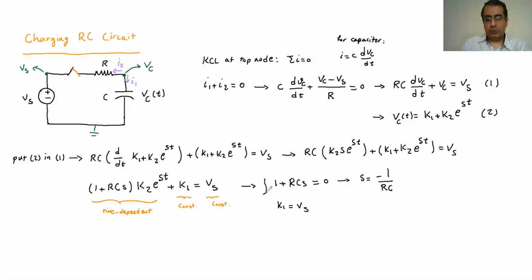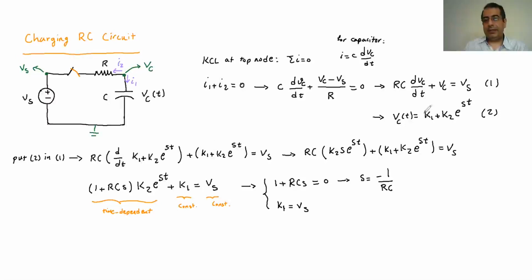So these are the two conditions. The coefficient of the time dependent term should be 0, because the exponential term is not going to be 0, and the two constants should be equal. In other words, K1 should be equal to Vs, and S should be equal to -1 over RC.